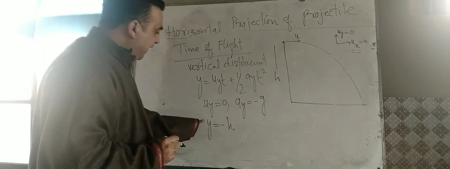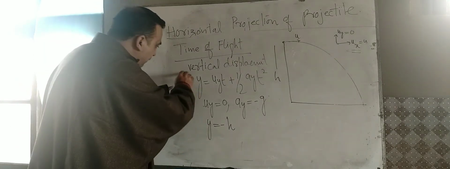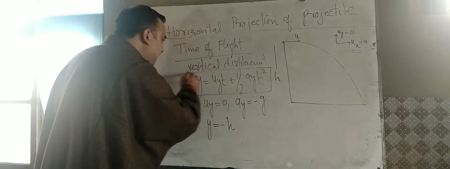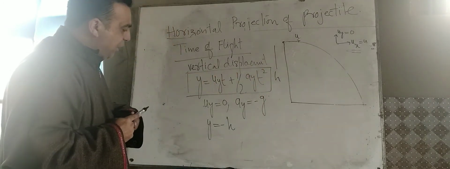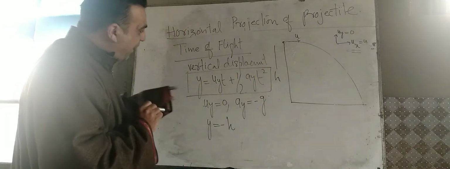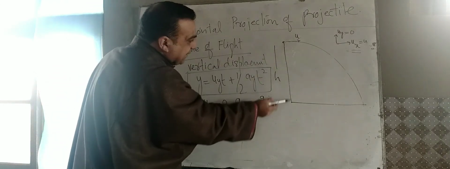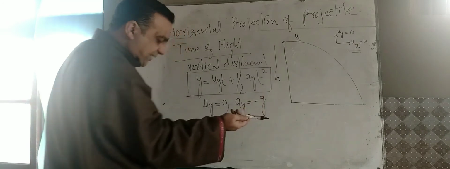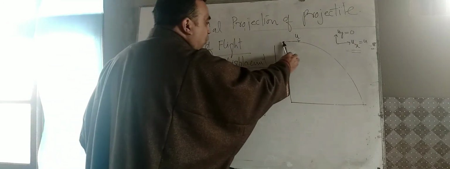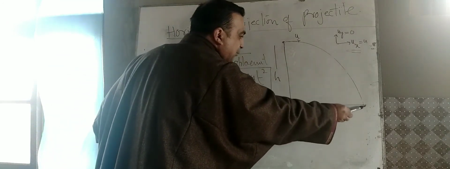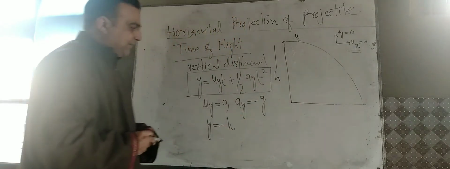So in doing so, the equation that you have been writing here, you have tried to boil down to the total height. Now this total height refers to the total time taken by the projectile to reach the ground.